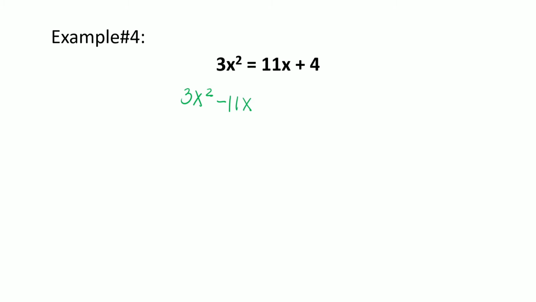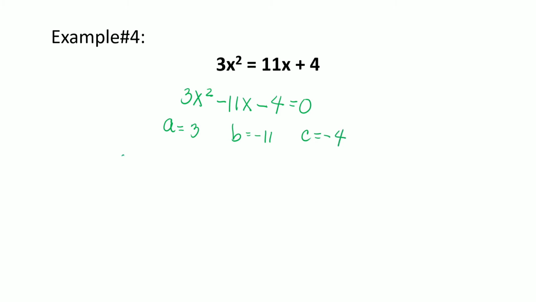And then 4 will become negative 4 equal to 0. Okay? So don't forget that. The quadratic equation first should be in standard form. And then after which, we can now identify the values of A, B, and C. So A here is equal to 3, B equals negative 11, and C equals negative 4.